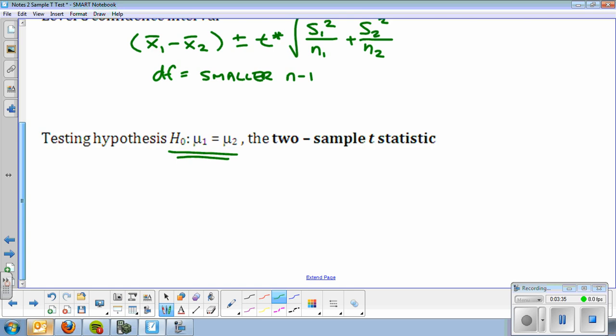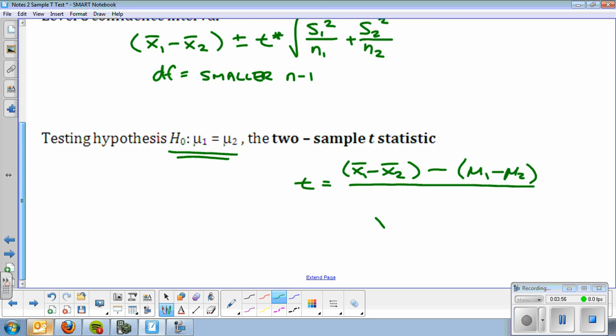The two-sample t statistic is this. t equals X bar 1 minus X bar 2, minus mu1 minus mu2, that's the difference of the means, all that over our standard error, the square root of S1 squared over n1 plus S2 squared over n2.